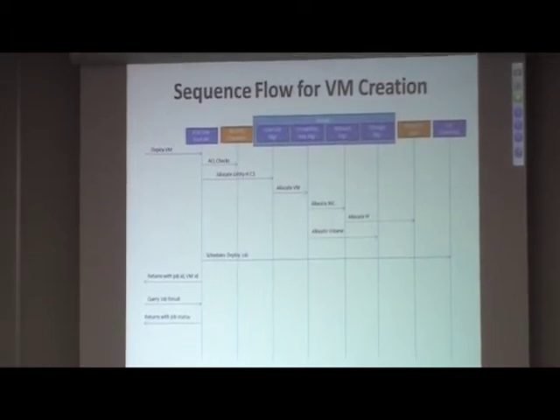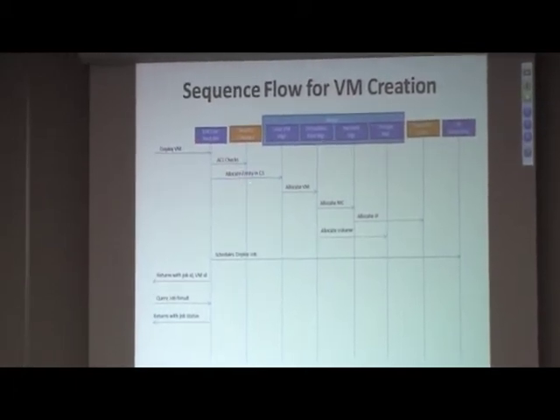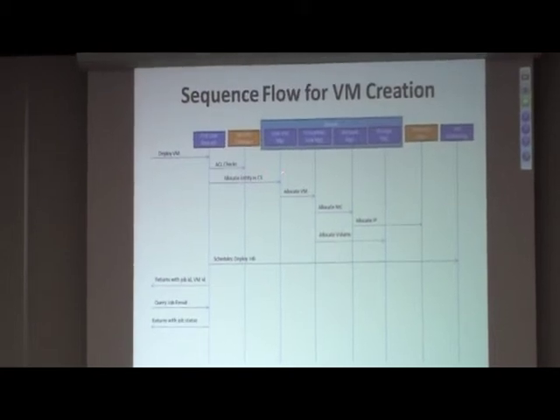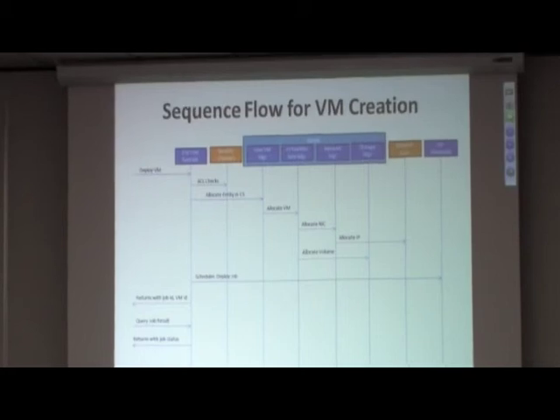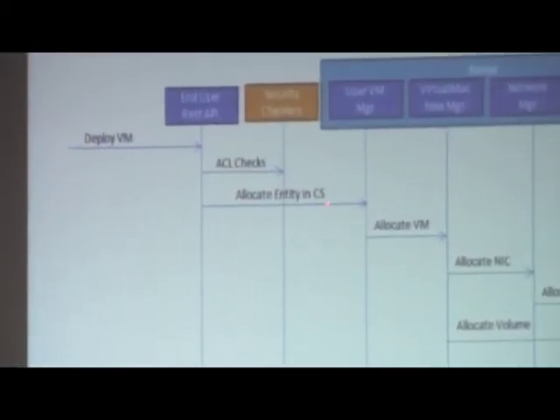And here, the end user API receives a deploy VM call. That thread will go through the ACL checks. It will allocate all the entities necessary in CloudStack. So it will call our user VM manager and say, I need to allocate this particular VM.